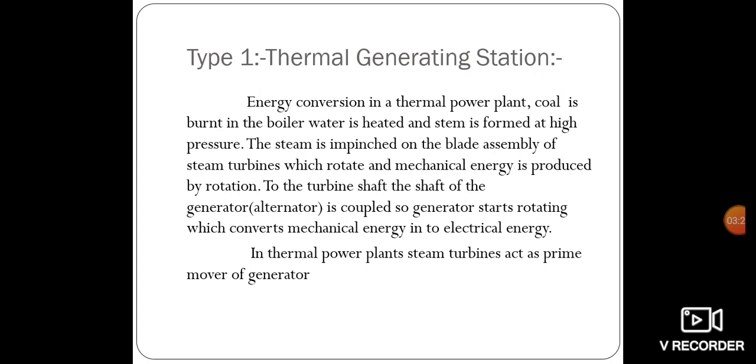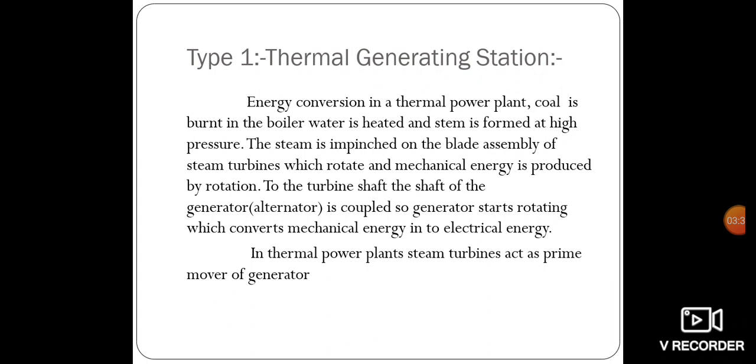So basically in a thermal generating station, the coal is burnt and used to heat the water in the boiler, and steam is formed at high pressure.